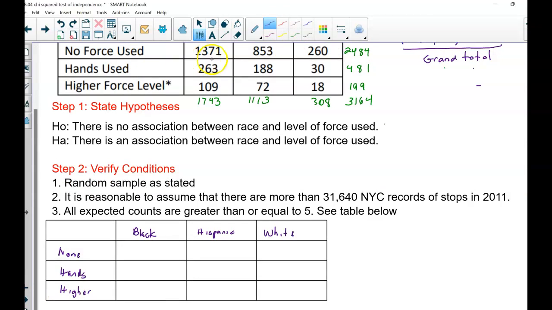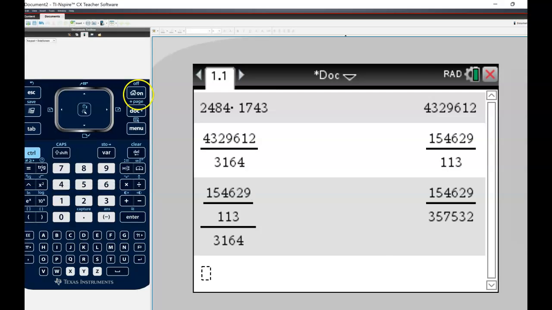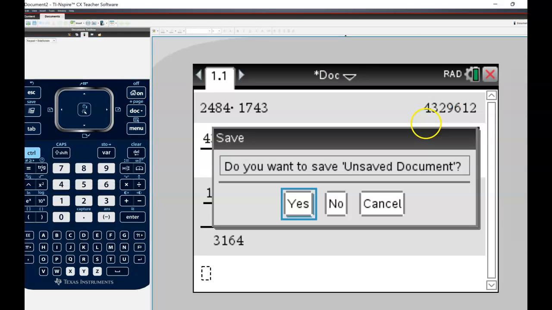You want no force used as the row, so the 2484. For the column, we need black, so 1743. And we're going to divide it by the grand total of 3,164. So let's go into our calculator and let's start a new document.